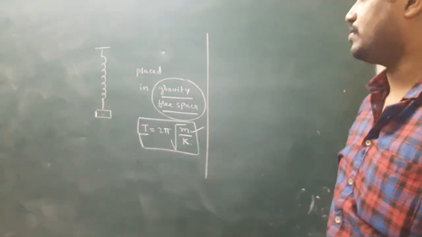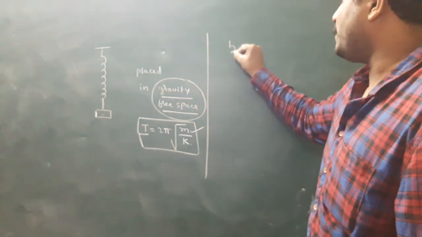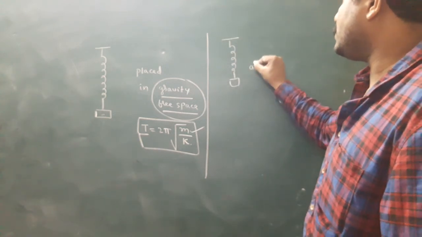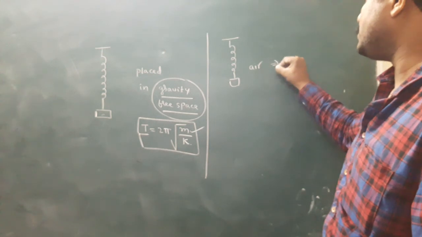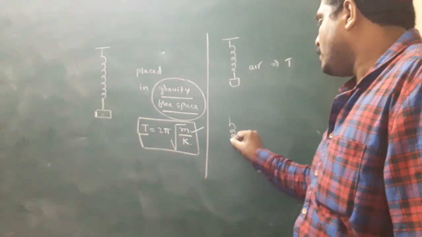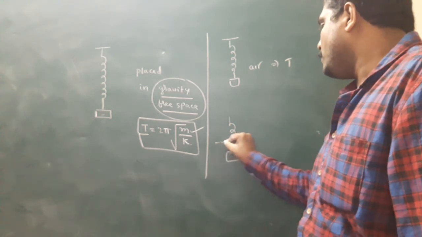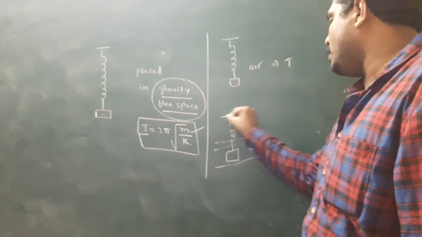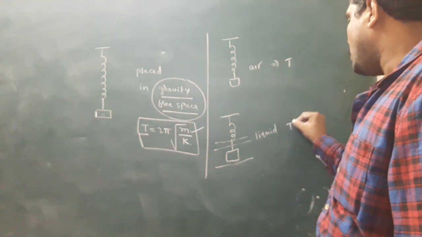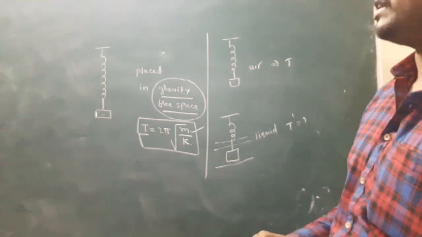Please look here. This spring pendulum is first suspended in air. Its time period is T. Now this spring pendulum is suspended in liquid. What happens to the new time period?